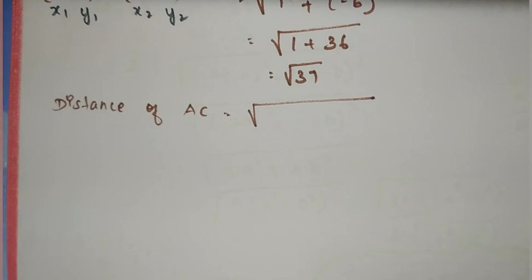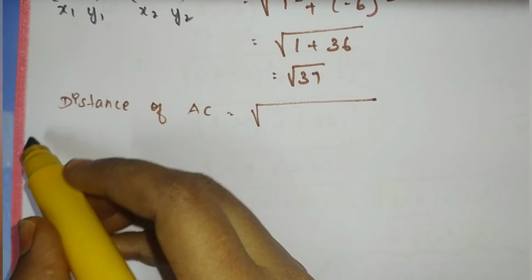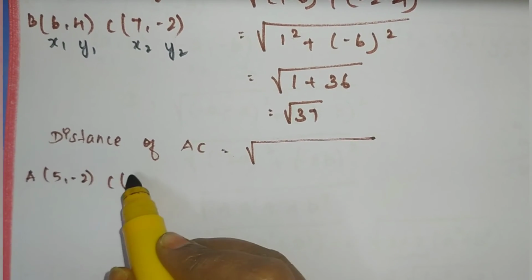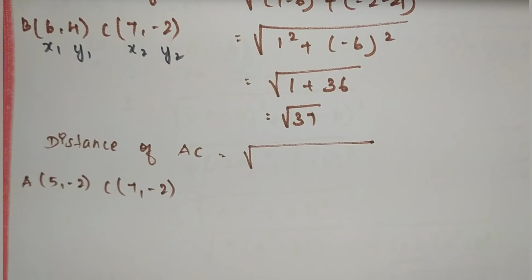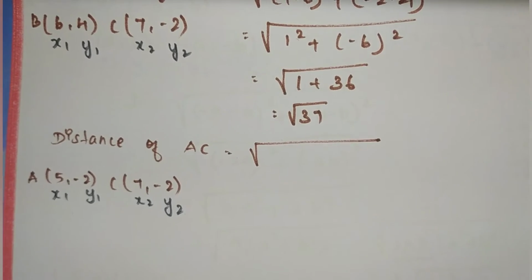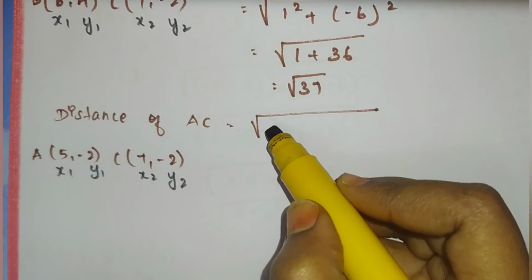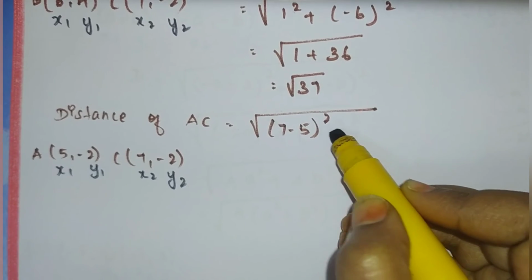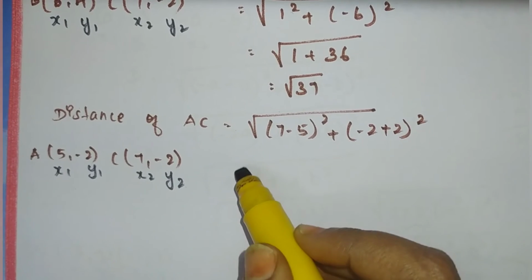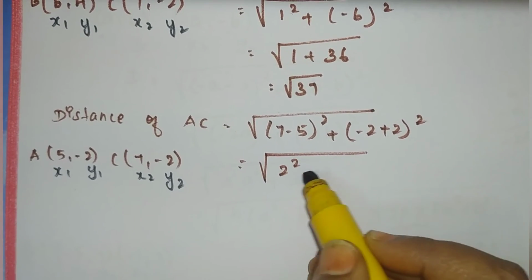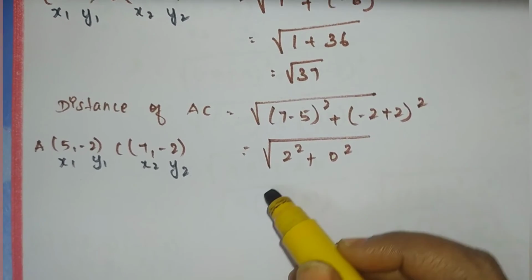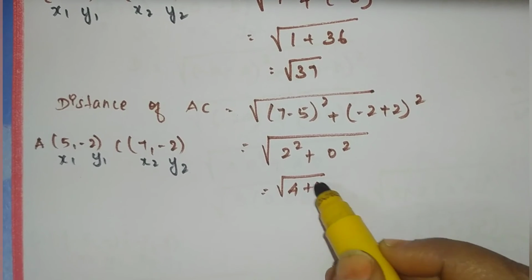A is (5, -2), C is (7, -2). So (7 minus 5) the whole square plus (-2 plus 2) the whole square, 2 square plus 0 square, 4 plus 0, root 4 is 2.